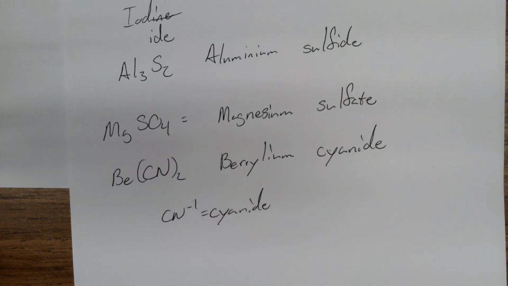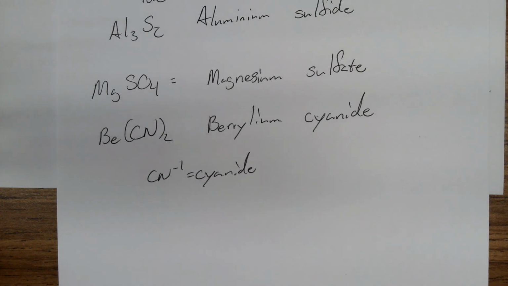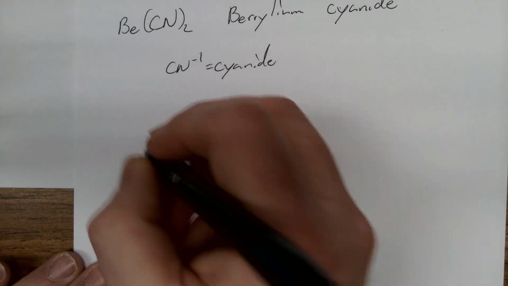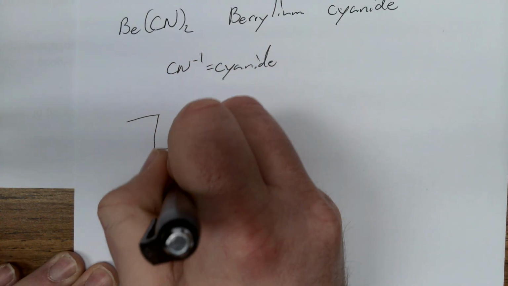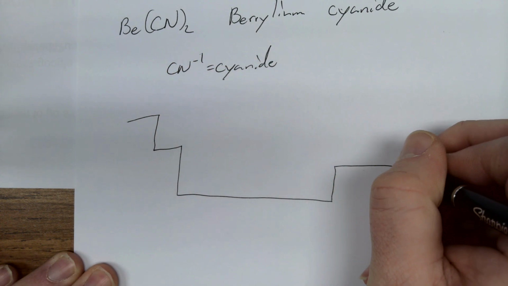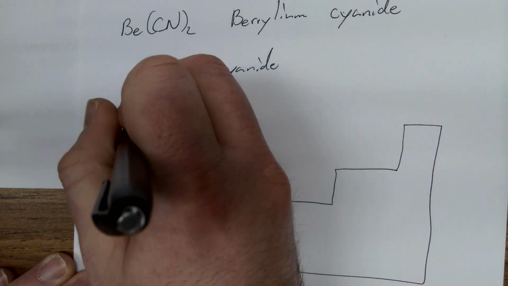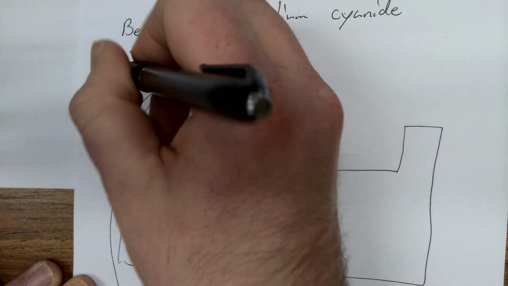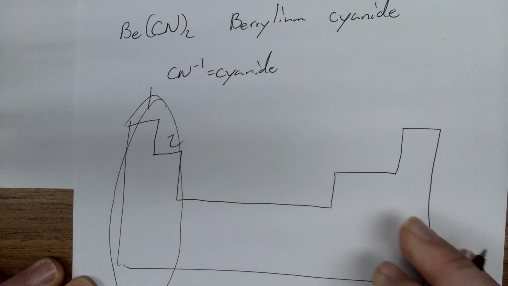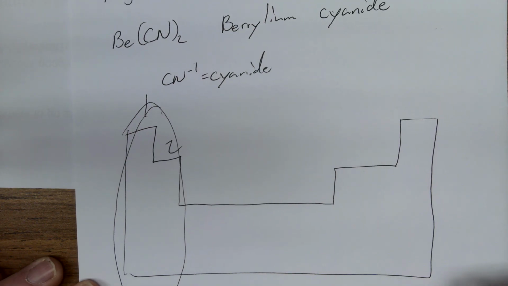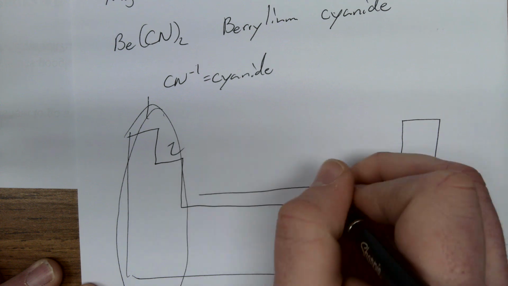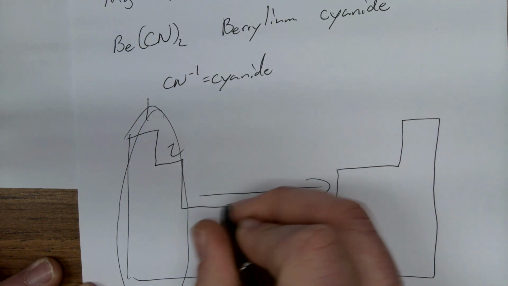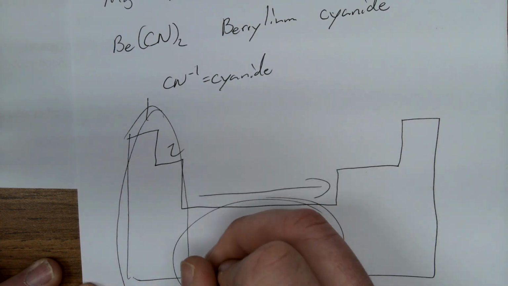Now, notice how we only talked about group 1 and group 2, if I draw up my periodic table real fast. But I know all my metals stretch all the way over, and I'm missing all these right here, my transition metals.